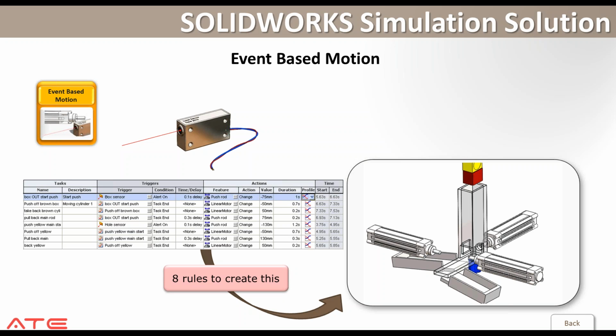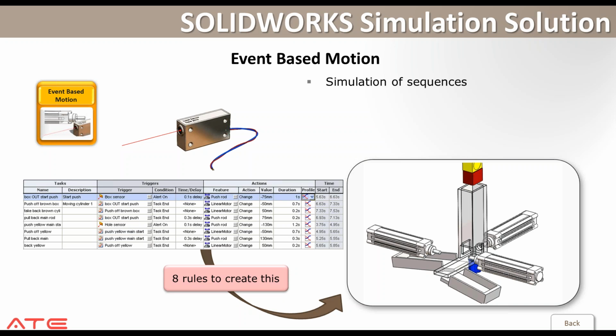Whereas in time-based motion, we are the ones assigning the time, and the displacement or the movement of the components in specific durations of time. Whereas in event-based motion, we can utilize sensors and triggering functionalities to calculate event-based analysis.